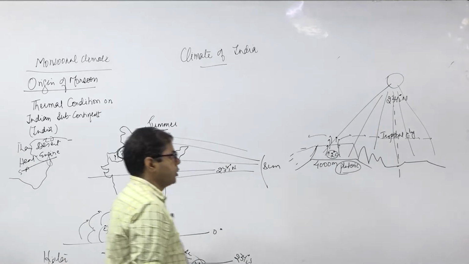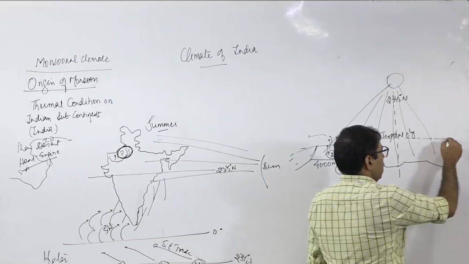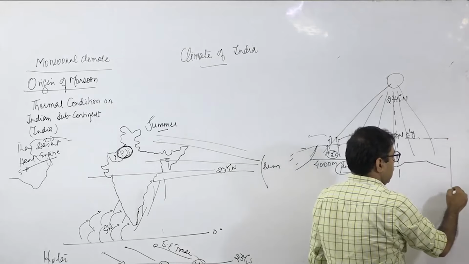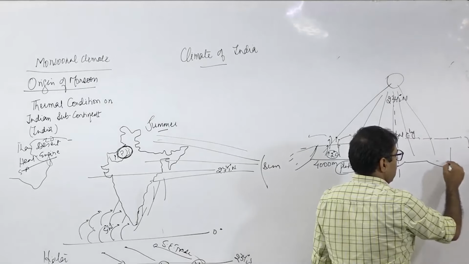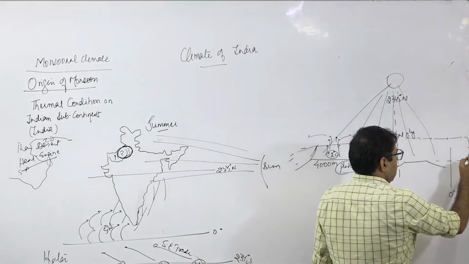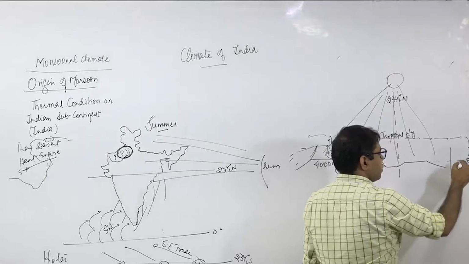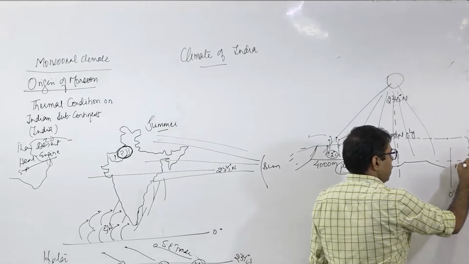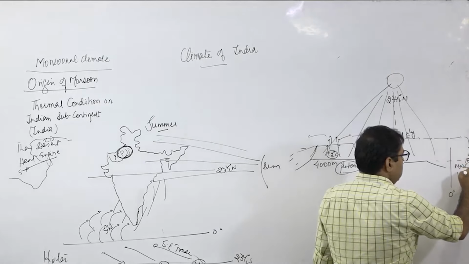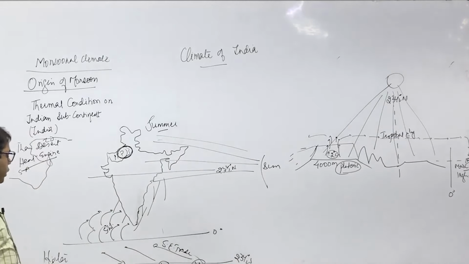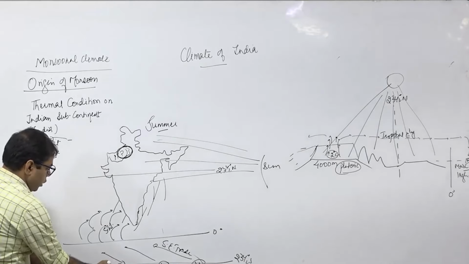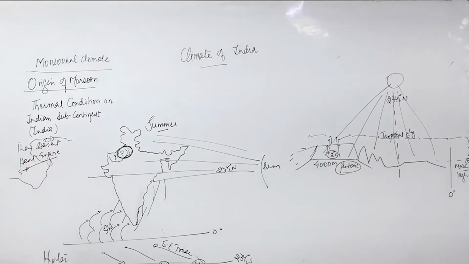And then it subsides over the southern hemisphere, where there is an island called Mascarenes High. The Mascarenes High is created there south of the equator, it is a high pressure zone.